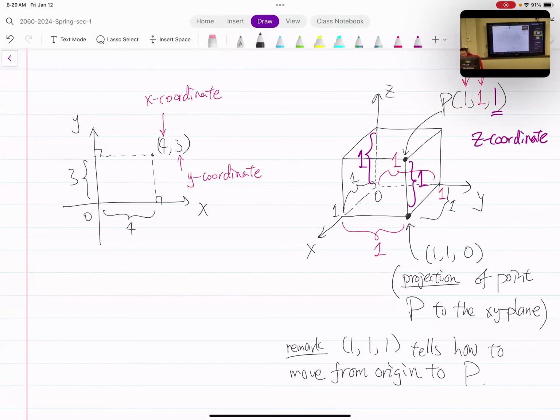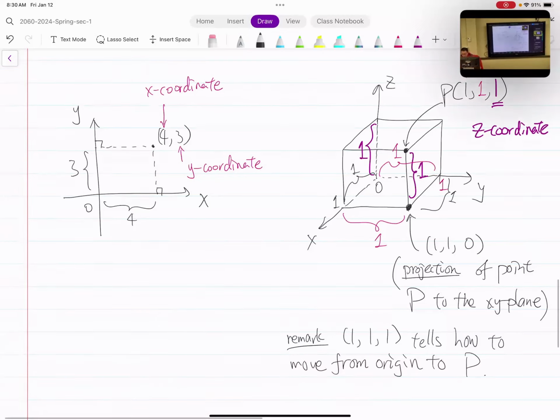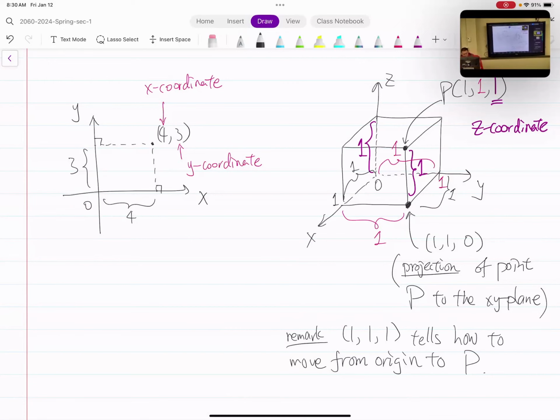So basically here, in black, you're just moving along the x-axis direction, right? And then you go 1 unit along the y direction, which is in red, and then you go along the z direction for 1 unit, which is in purple, right? So if you think about it in this way, then this is sort of a taste of the concept of a vector. Right.